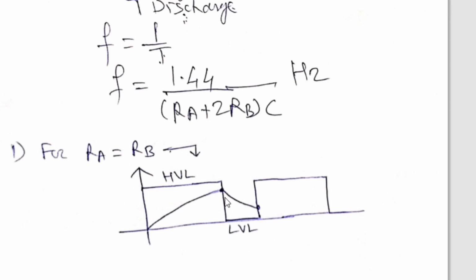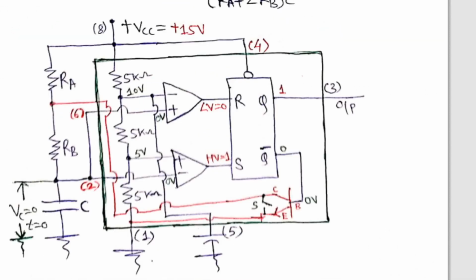And if you want to generate a perfect square wave of symmetric nature, meaning HVL equal to LVL, remember, RB should be very, very large and RA should be very, very small. Why? Because if RA is small, let us go to that diagram again.